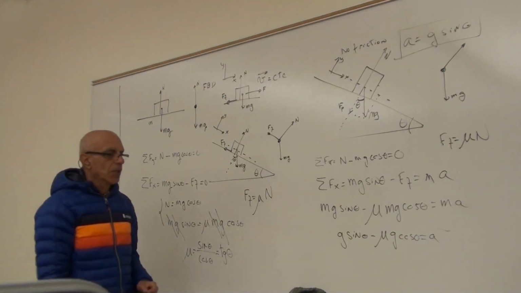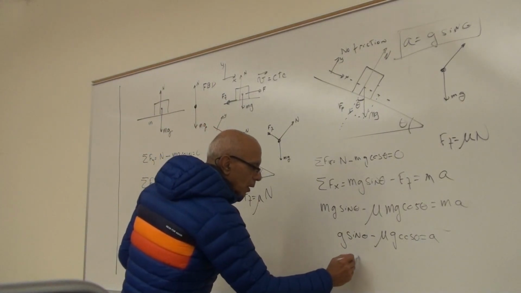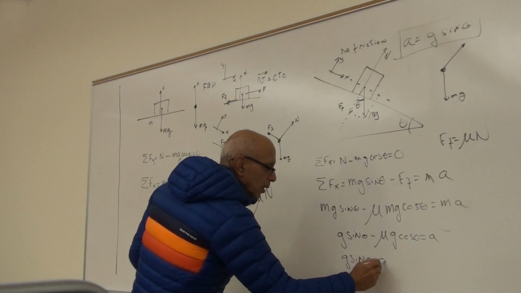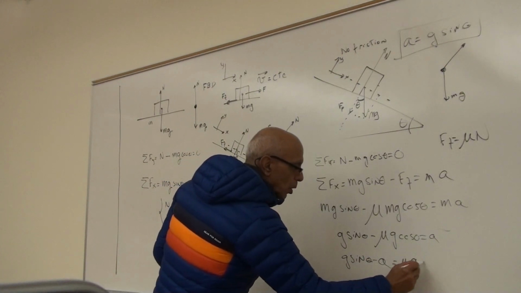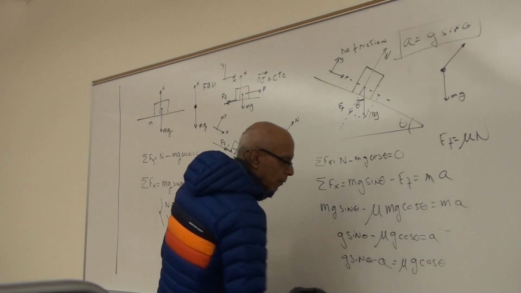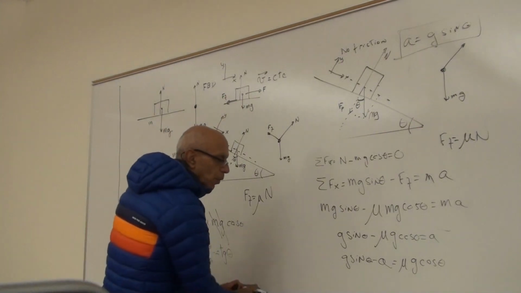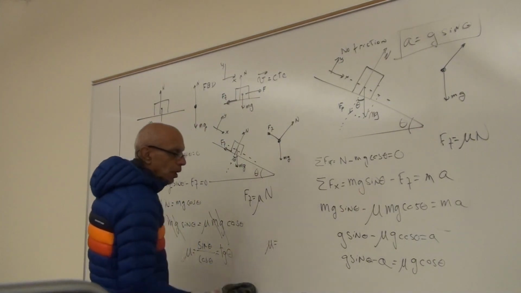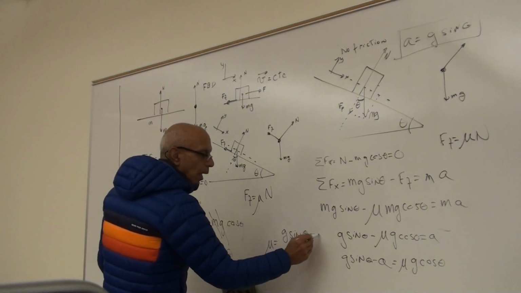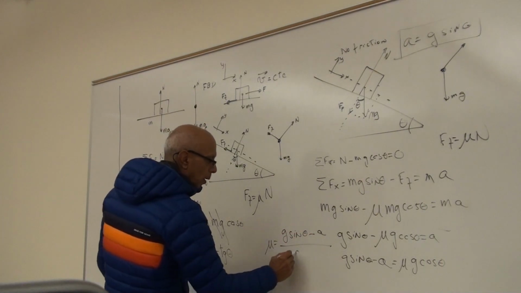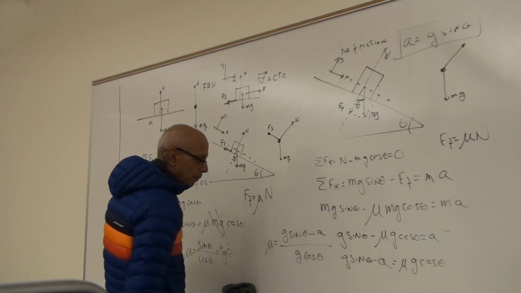All right? So if I move this around, I have g sine theta minus a is equal to mu g cosine theta. So when I calculate the coefficient of friction, I'm going to have g sine theta minus a, divided by g cosine theta.